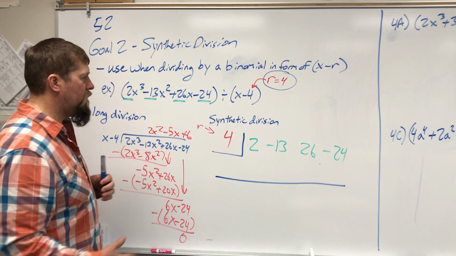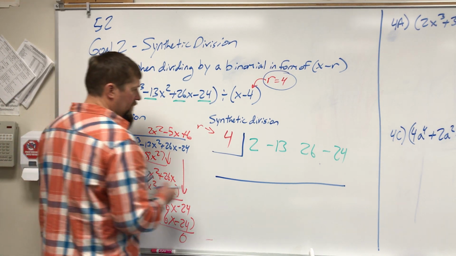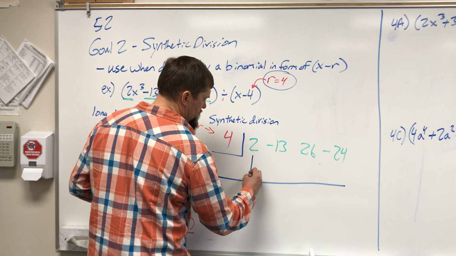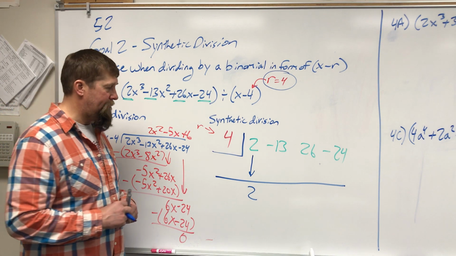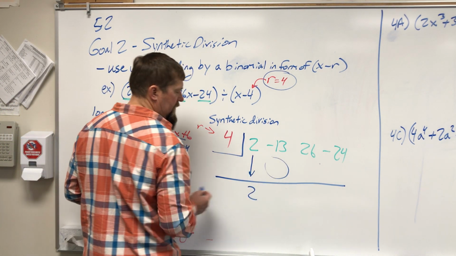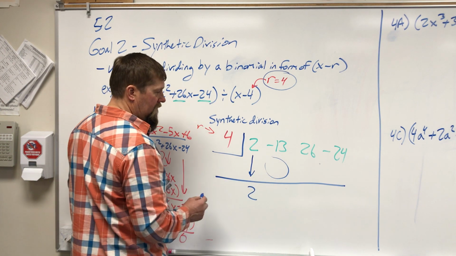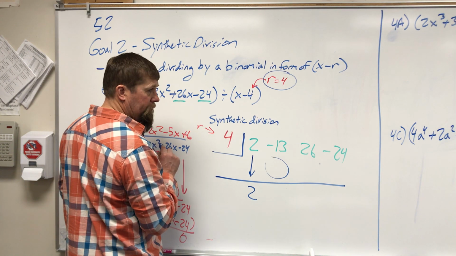Now, here's the process. The first thing you're going to do is drop the 2 down here. The first number, you just drop it. For the second number, you multiply this number times 4.